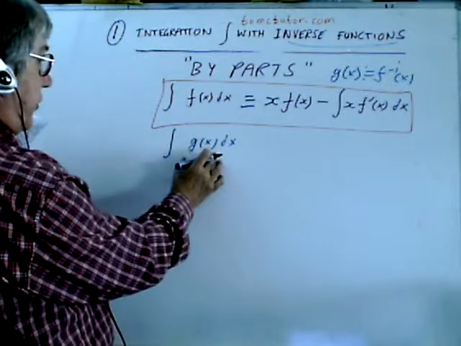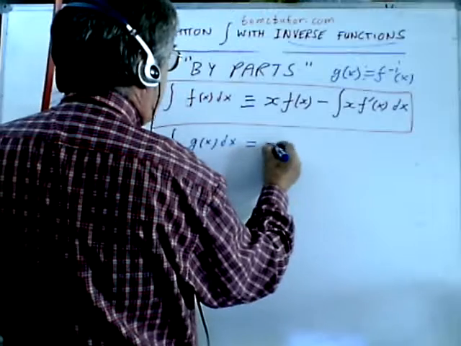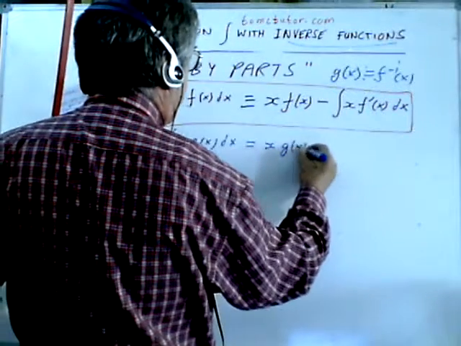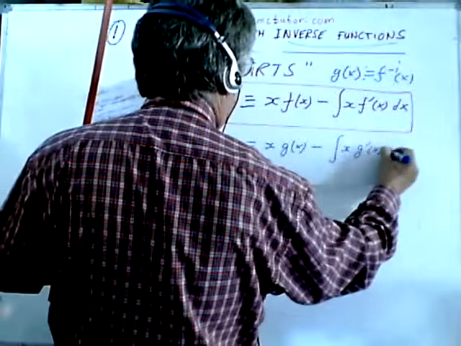And that is just another function, so the same by parts applies. So that becomes x g of x minus the integral of x g dash of x dx.